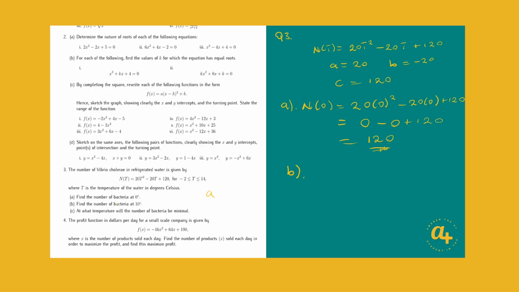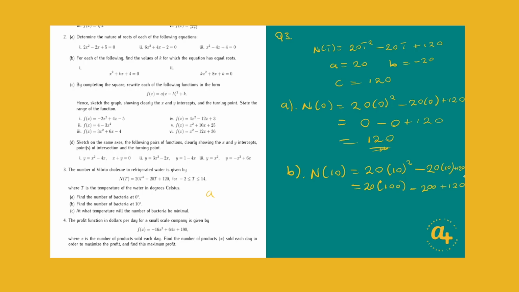B is telling us to find the number of bacteria at 10 degrees. So we're just going to substitute 10 for t, so n of 10 equals 20 multiplied by 10 squared, minus 20 multiplied by 10, plus 120. When we simplify this, 10 squared is 100, and minus 20 times 10 gives us 200.